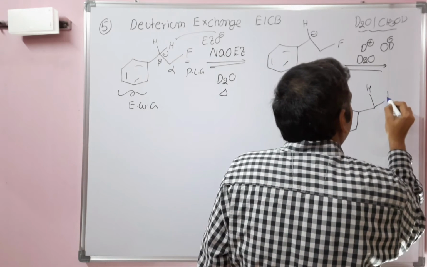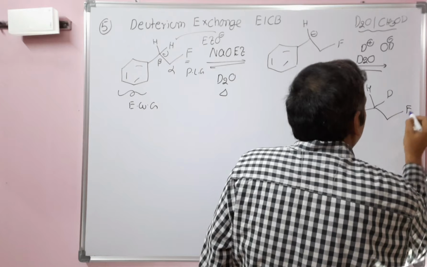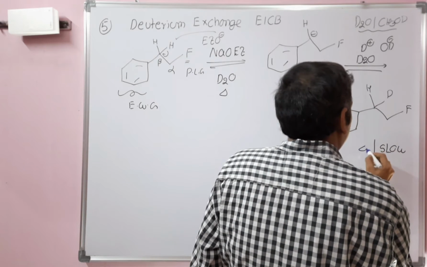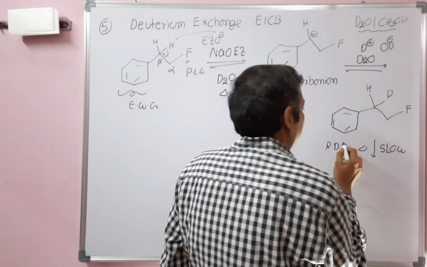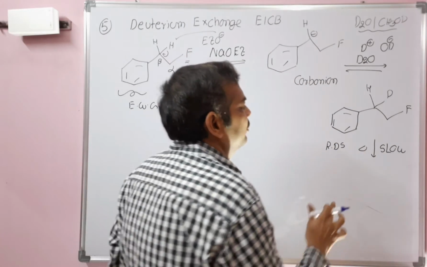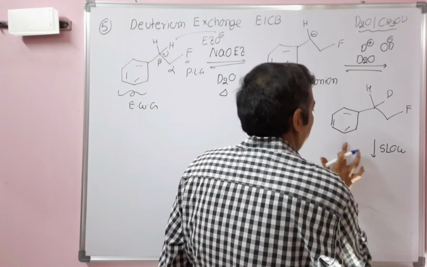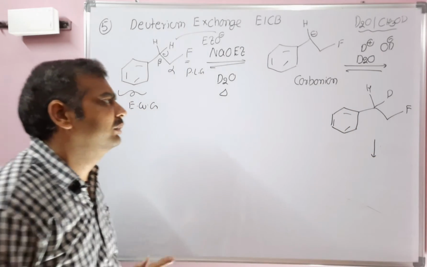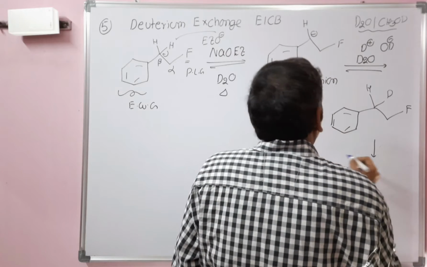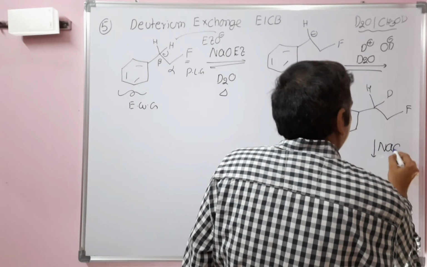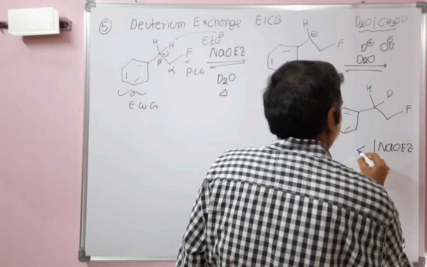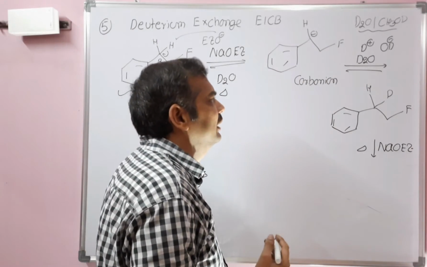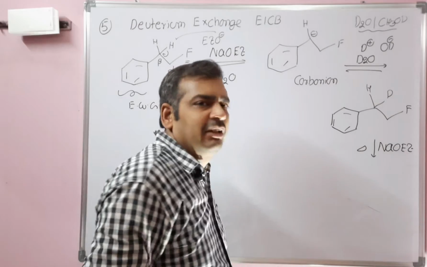CH, deuterium and fluoro. The next step is a slow step at high temperature, the rate determining step. The deuterium compound that is obtained further reacts with sodium ethoxide at high temperature. There is no carbanion remaining, because whatever carbanion is obtained reacts with D2O.